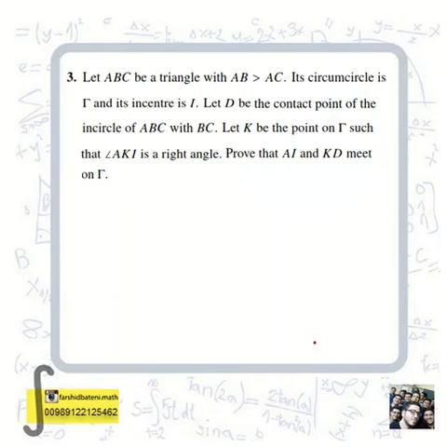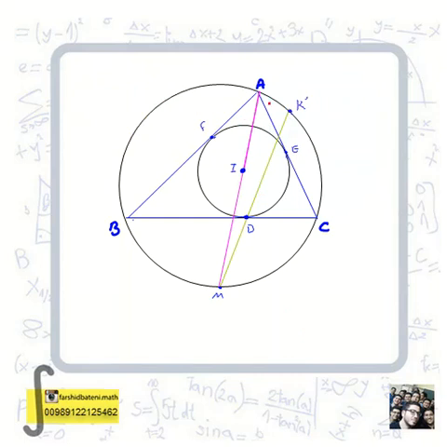So let's see how we can solve this problem. We must prove that when AKI is the right angle, then KD and AI meet on this circle gamma. We want to prove it in some other way. How?